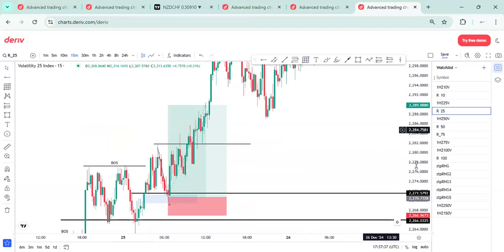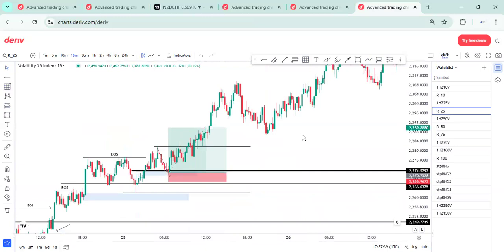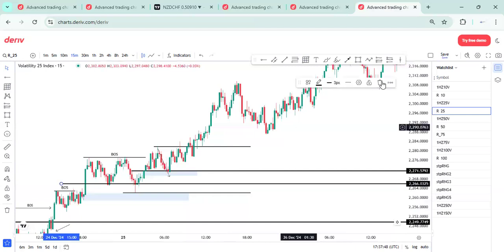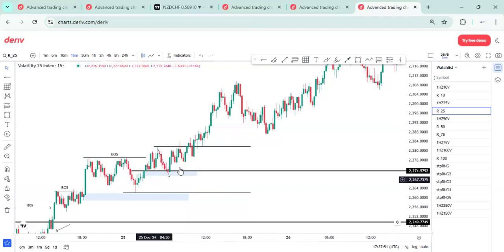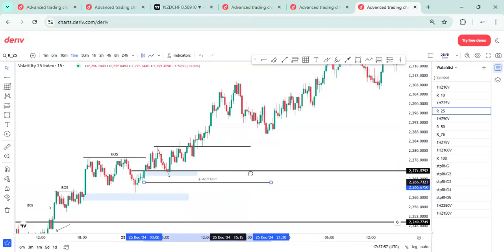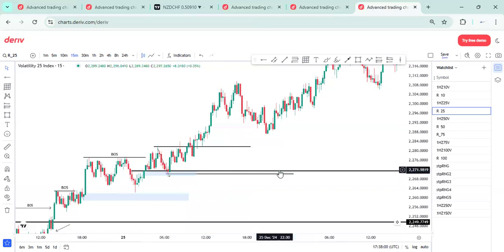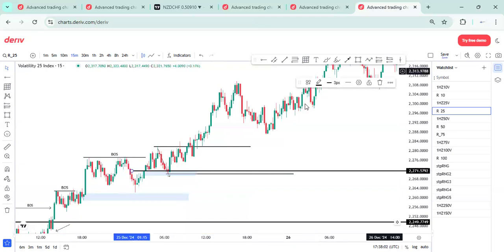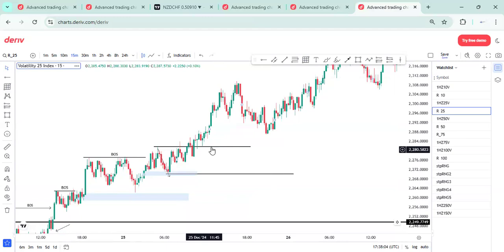Right? So that is how you keep following price. And from this, let me delete, and delete this one too. From this range low, market kept breaking structure, but not so nicely.